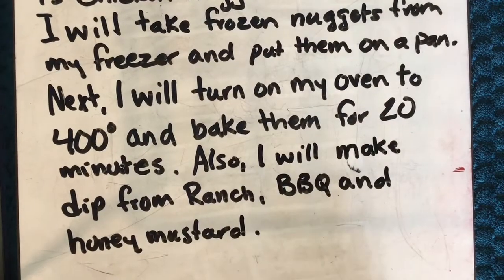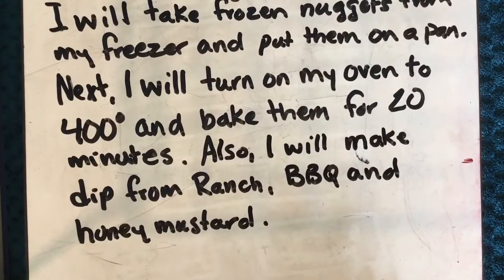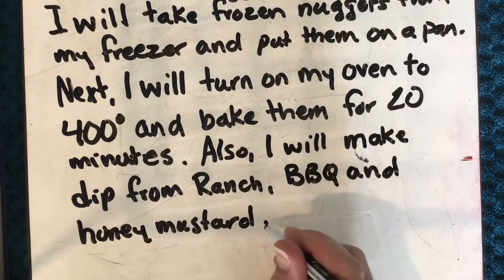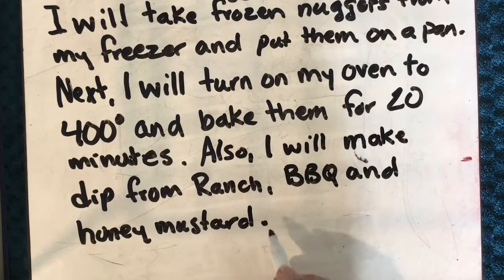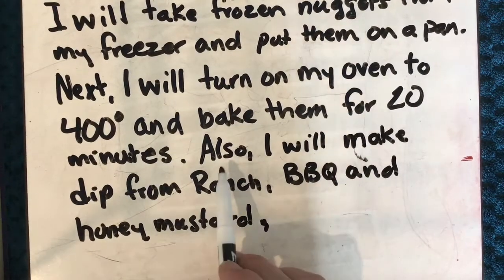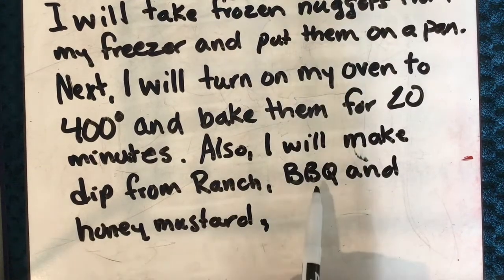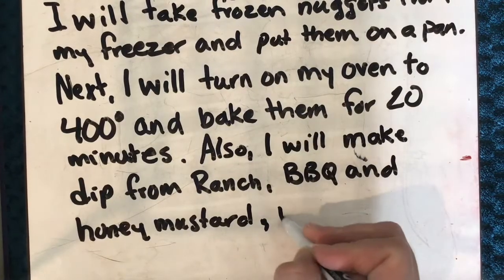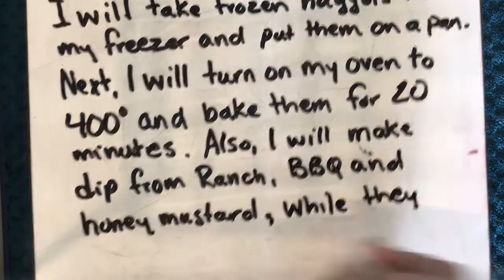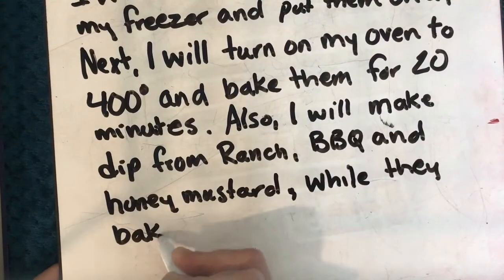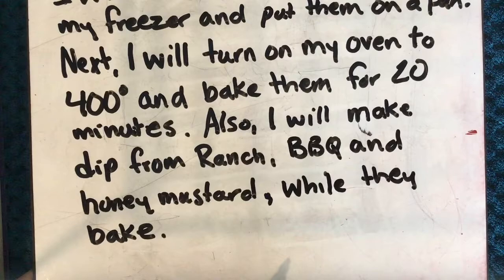Okay, so that's what I'm going to do. I will make dip from ranch, barbecue, and honey mustard. I want to make sure they know I'm doing this while they're baking. So instead of a period here, I'm going to turn that into a comma. Also, I will make dip from ranch, barbecue, and honey mustard while they bake.